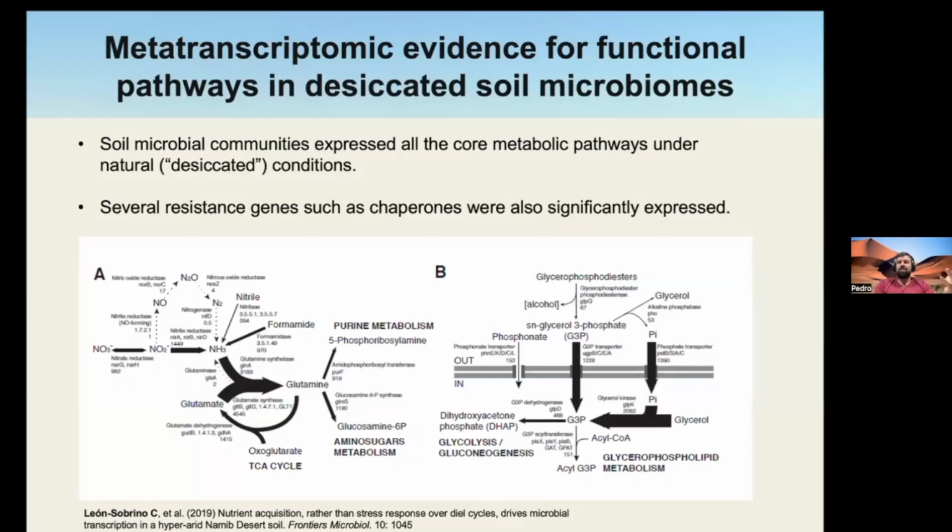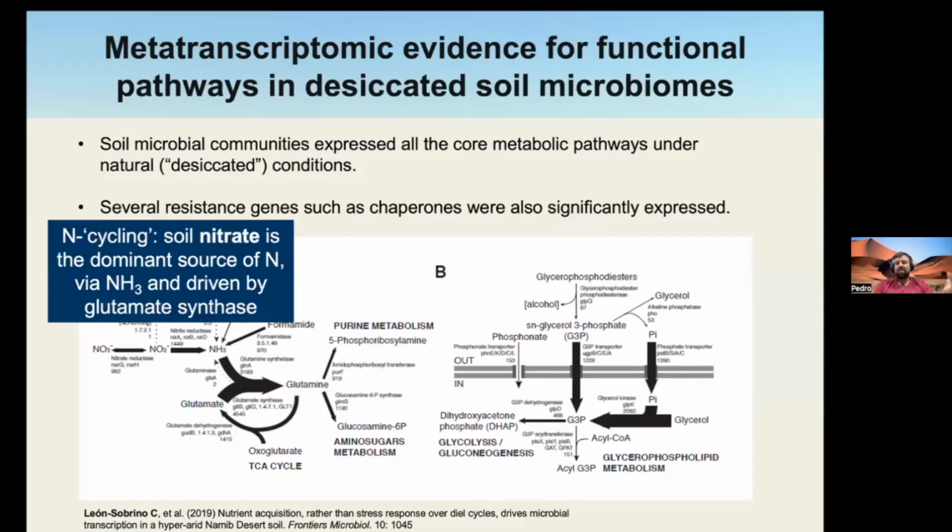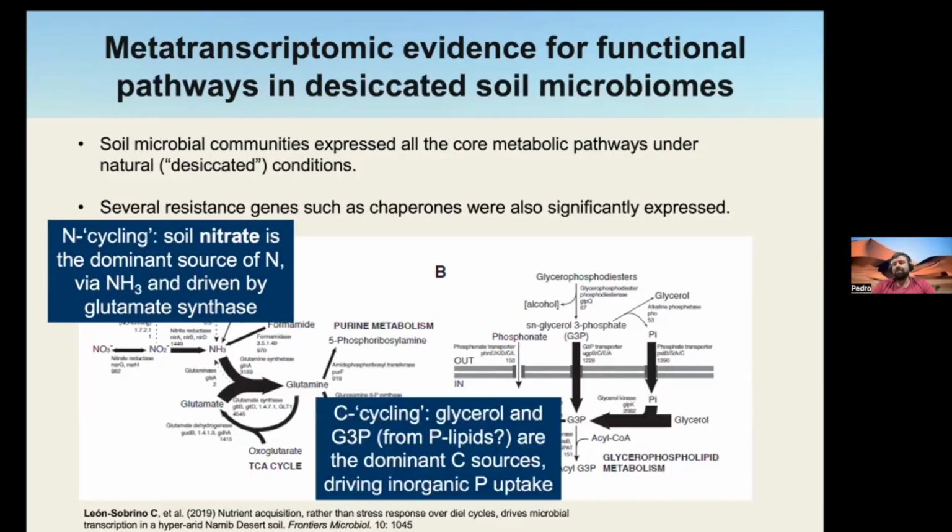So for the nitrogen cycling process, they found that soil nitrate was a dominant source of nitrogen, and this was driven by glutamate synthase. And for phosphorus cycling, they found things like glycerol to be the dominant carbon sources, which drive inorganic phosphate uptake.